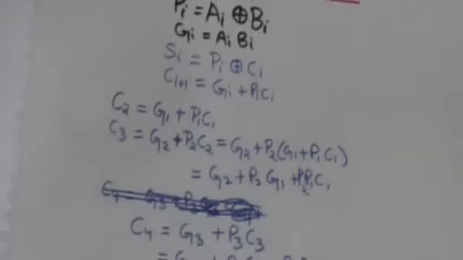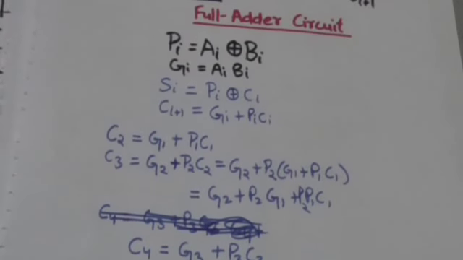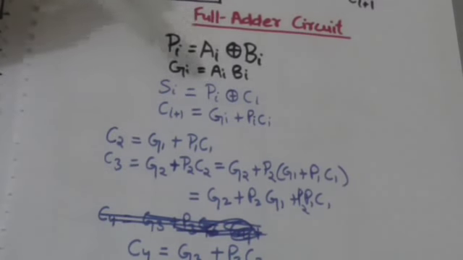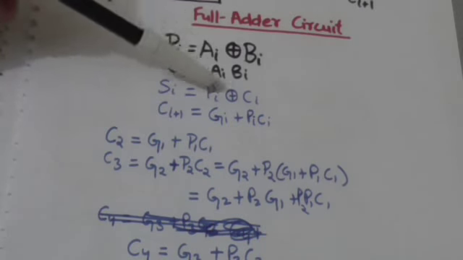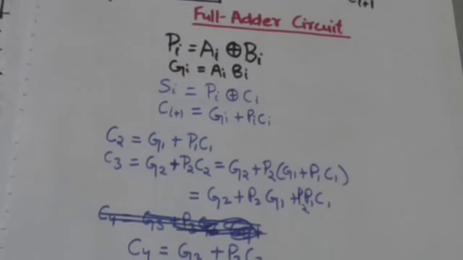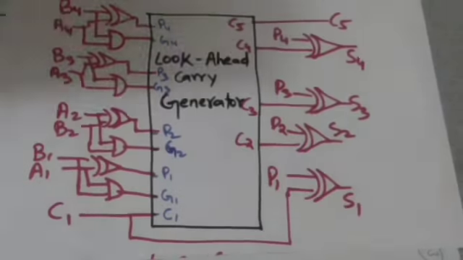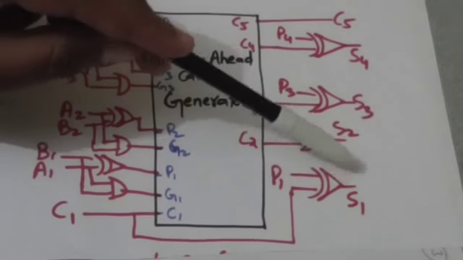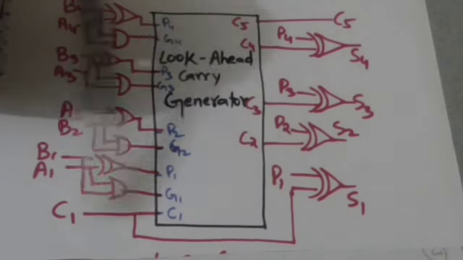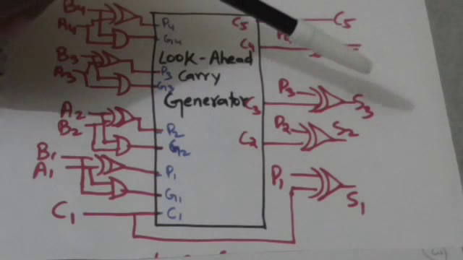Now see here, Si is the ith sum bit. The ith sum bit is equal to Pi XOR Ci. So S1 is the output of an XOR gate whose inputs are P1 and C1, right?